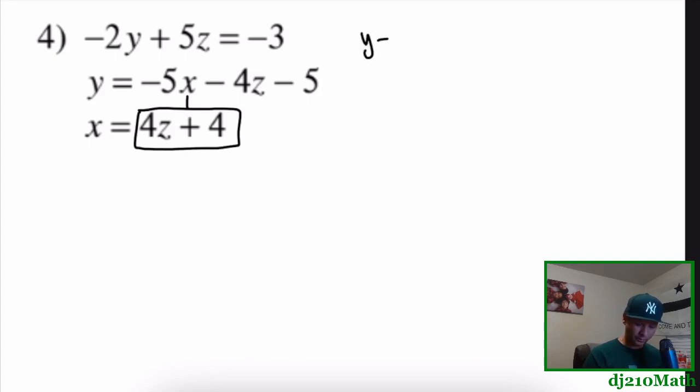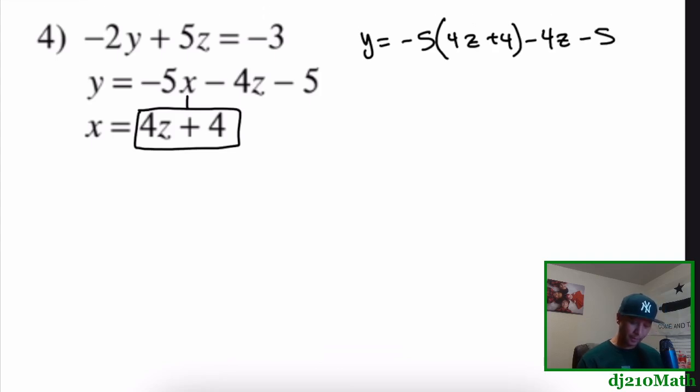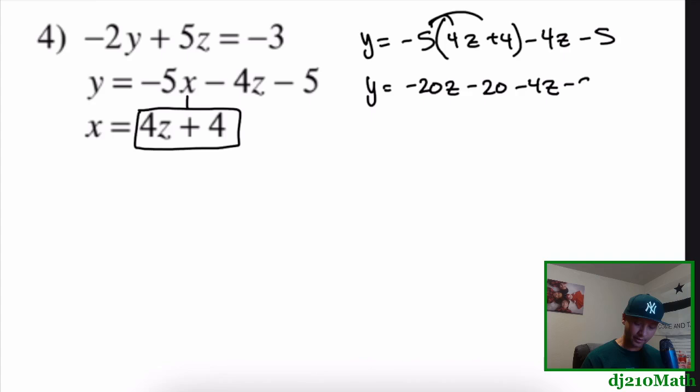So y is equal to negative 5x, which is 4z plus 4, minus 4z minus 5. All right. Distributing the negative 5, y is equal to negative 20z minus 20 minus 4z minus 5.